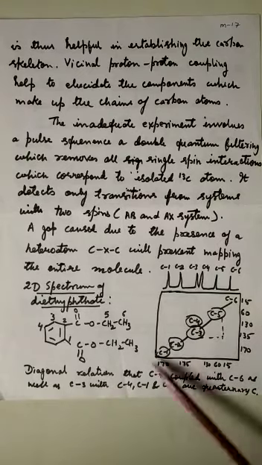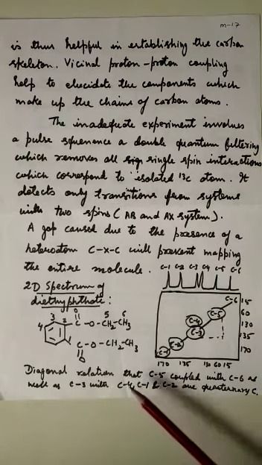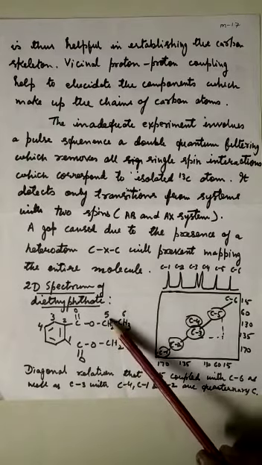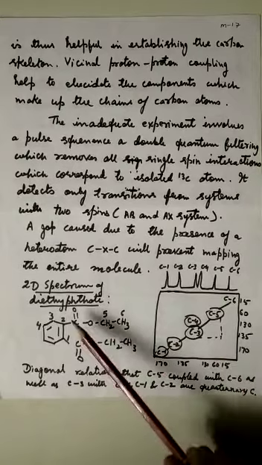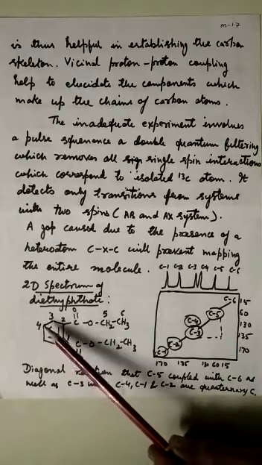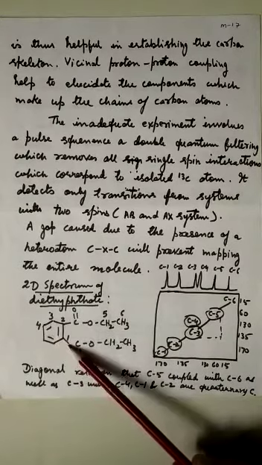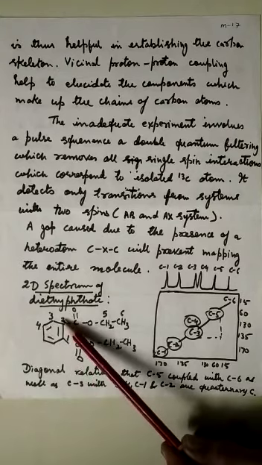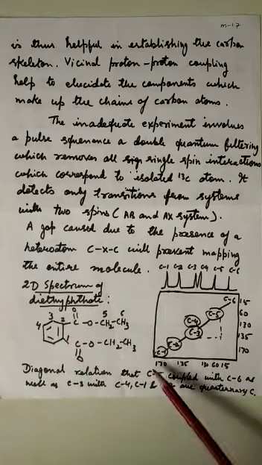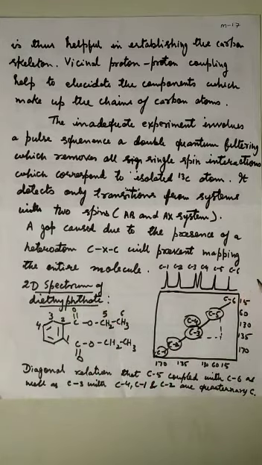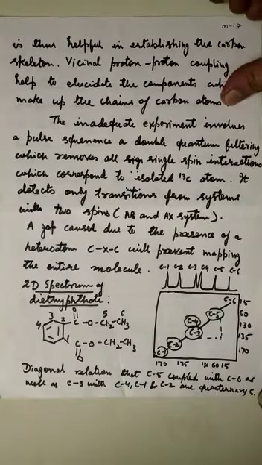So the diagonal relationship shows that C5 is coupled with C6 as well as C3 is coupled with C4, while C1 and C2 are the quaternary carbon atoms. So you will have a diagonal pattern in the two-dimensional spectrum.